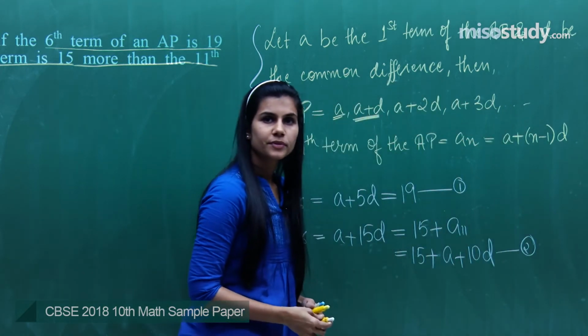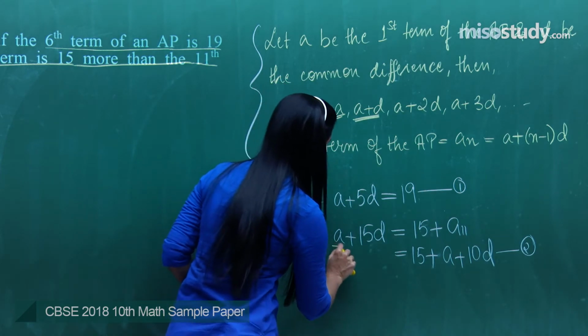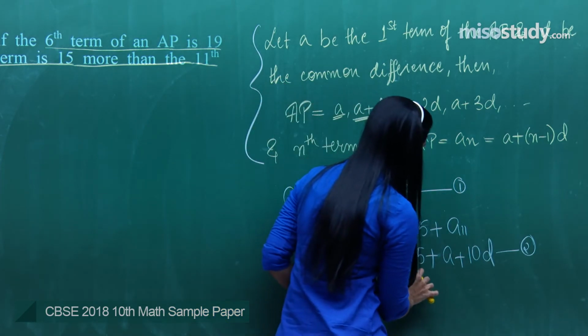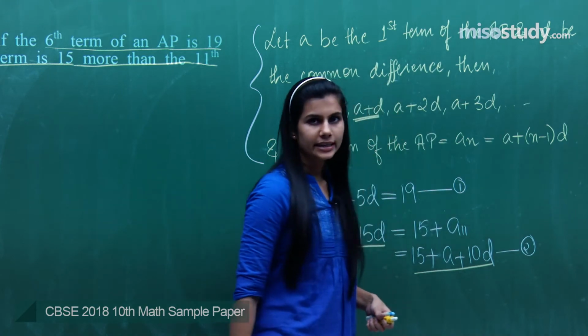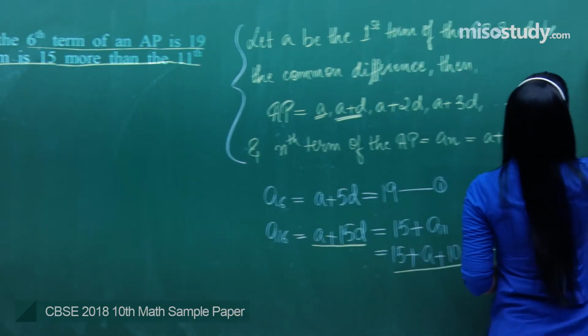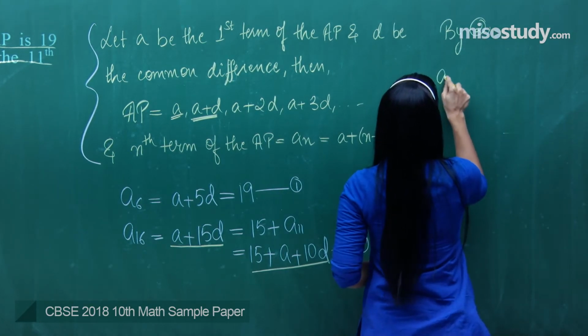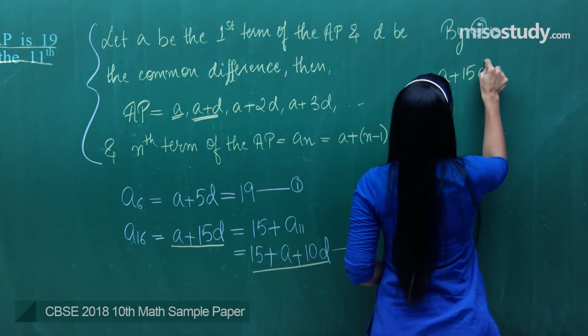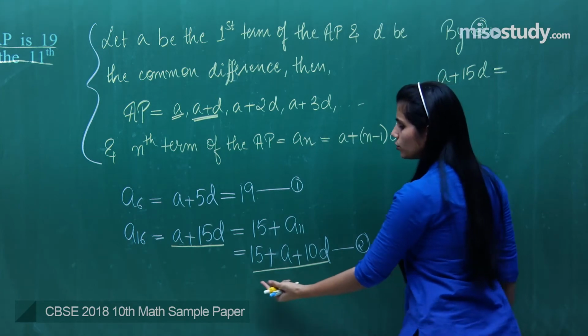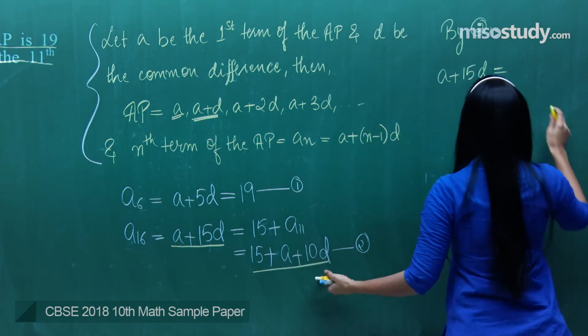This is your second equation. So let's sort this out. You have A plus 15D is 15 plus A plus 10D. By equation 2, we have A plus 15D is equal to 15 plus A plus 10D.